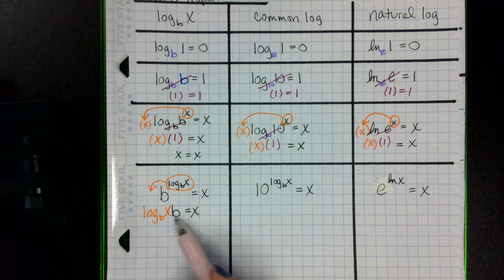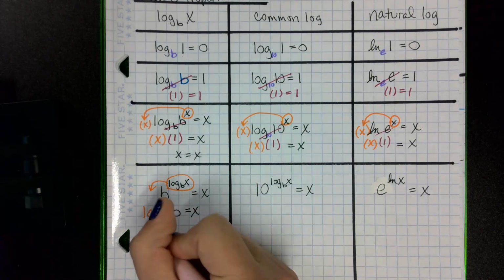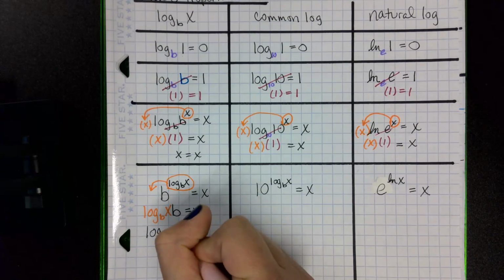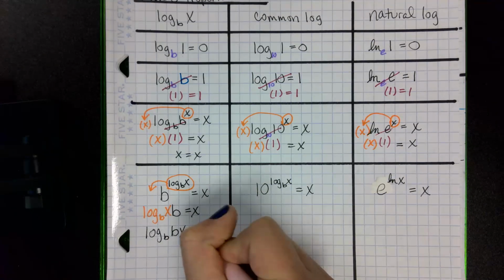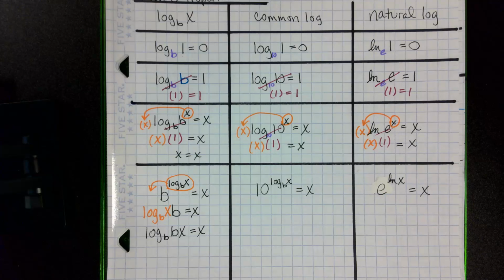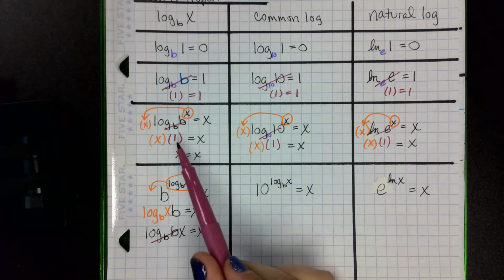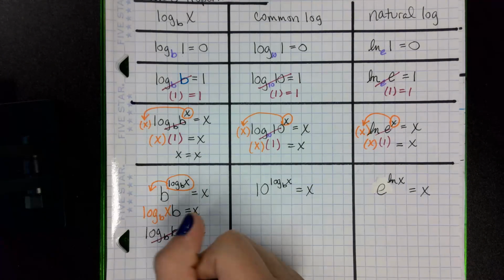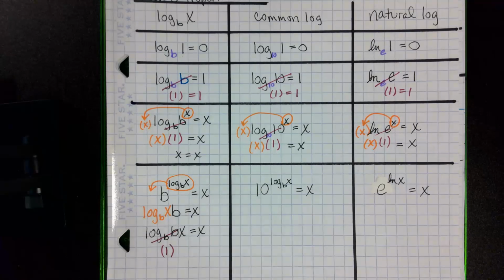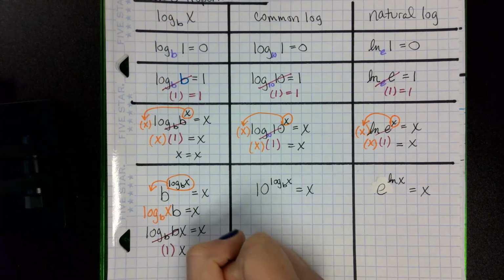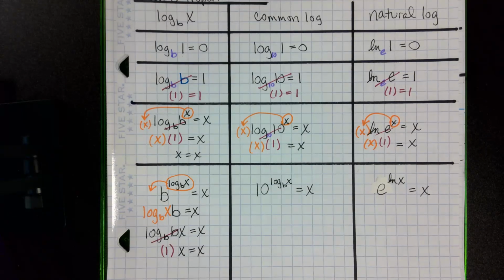So if I rearrange this, I can write it as log base b of bx equals x. Then you can see you have log base b right next to the argument b. So that part, just like in the one above, is going to be 1. And then bring down the rest of it, which is x equals x. And 1 times x equals x. That's true.